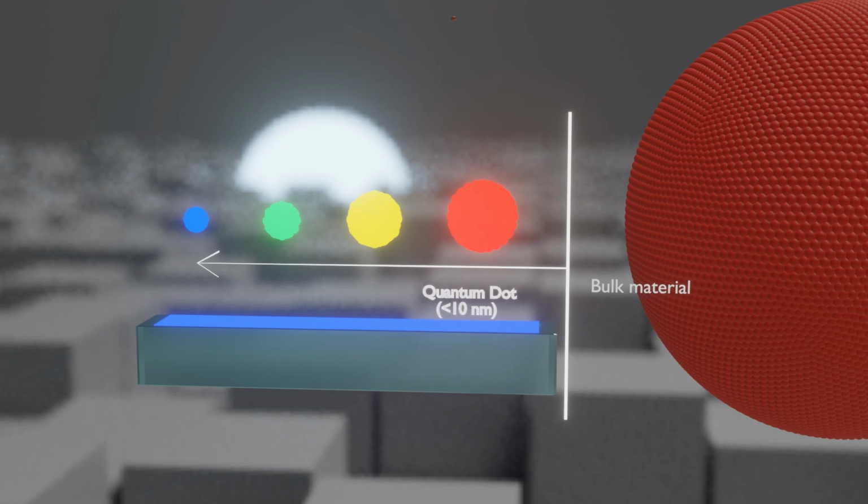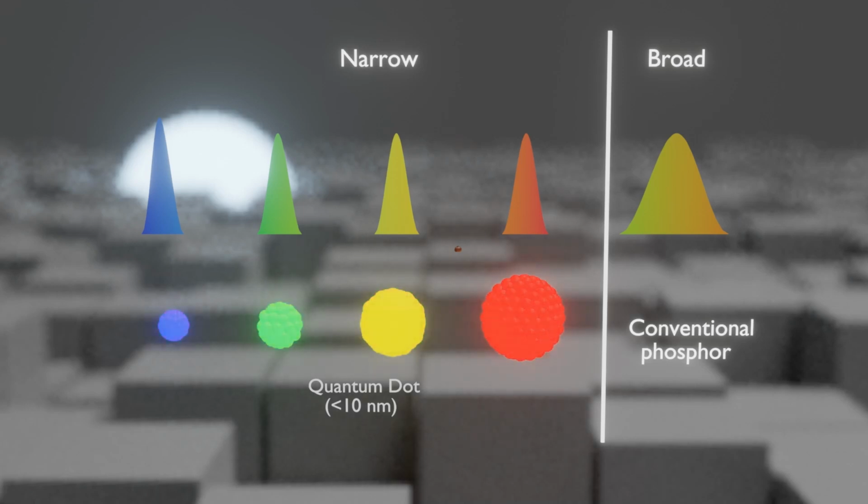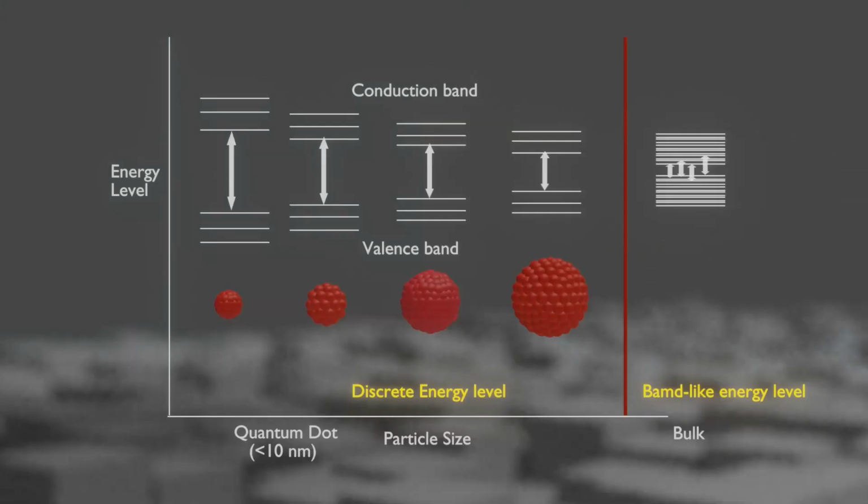Substances of 10 nanometers or less that strongly exhibit such luminescent characteristics are called quantum dots. Another characteristic of quantum dot emission is that the emission spectrum itself is very narrow, as mentioned above.